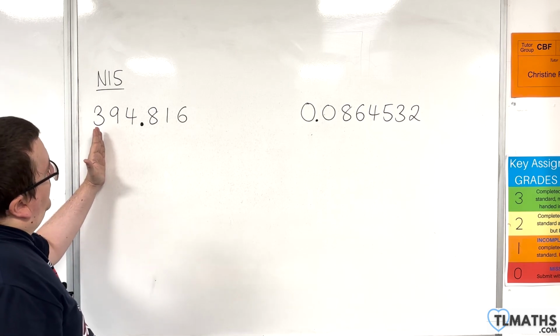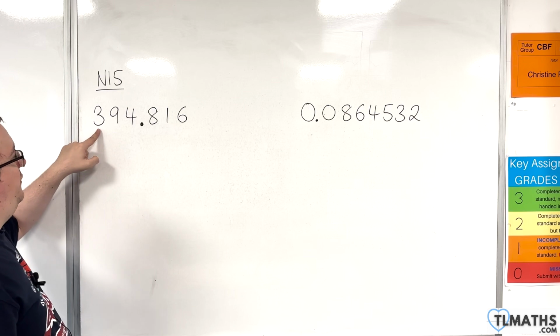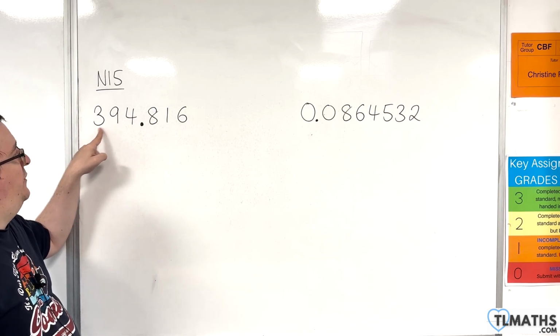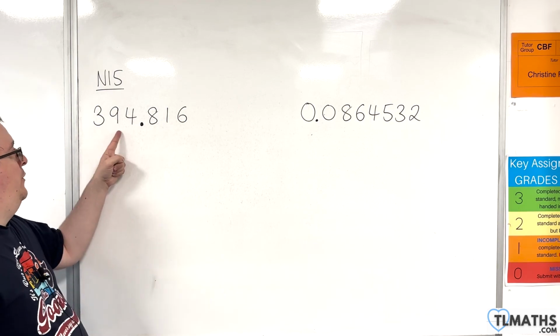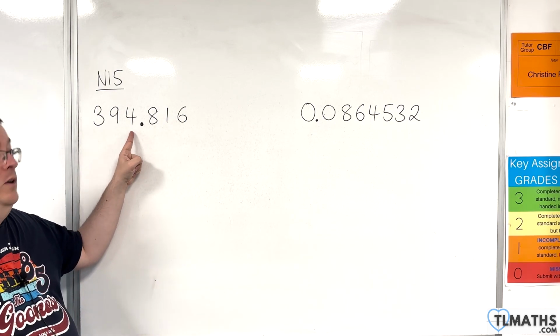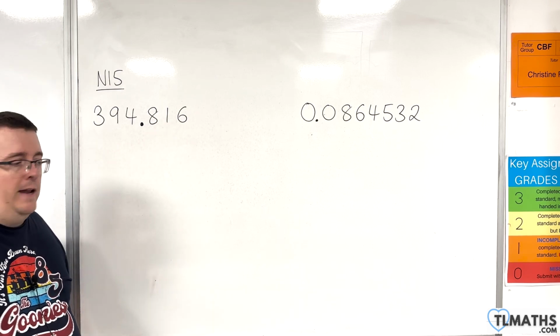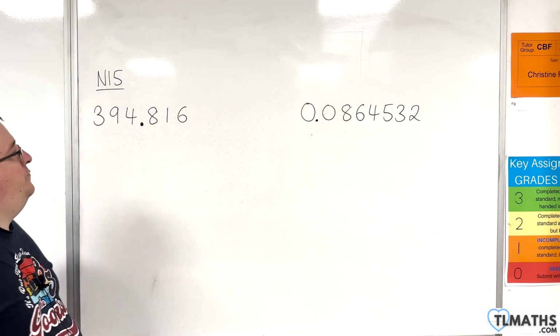So you can also think of that as the most significant figure, because this is the 300ths column, and the hundredths column is clearly going to be larger and more significant than the tens column, or the units column, or the tenths column, or the hundredths column, or the thousandths column.